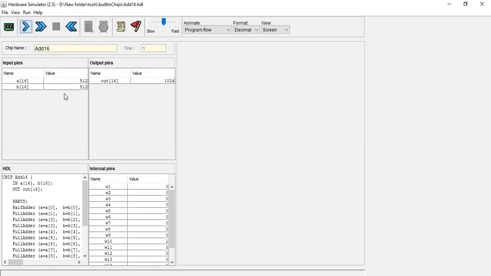So how much is it? Well, anyway, we can put decimal numbers as input. I can't remember right now what the maximum value is that we can put as input.